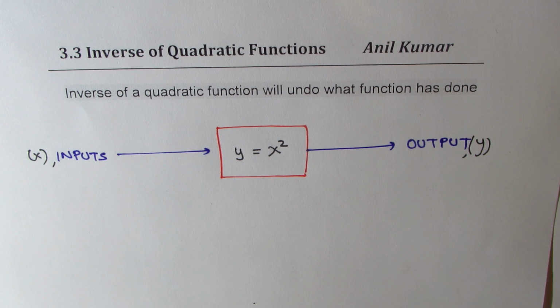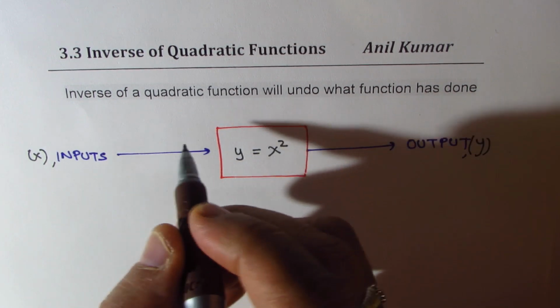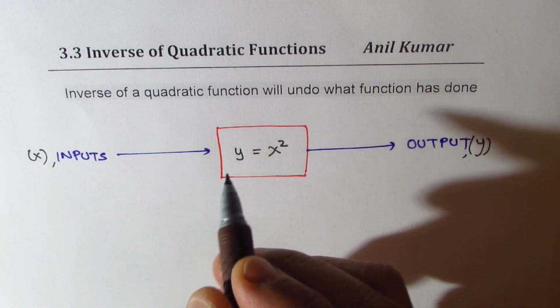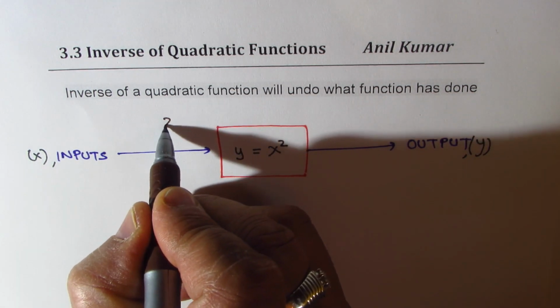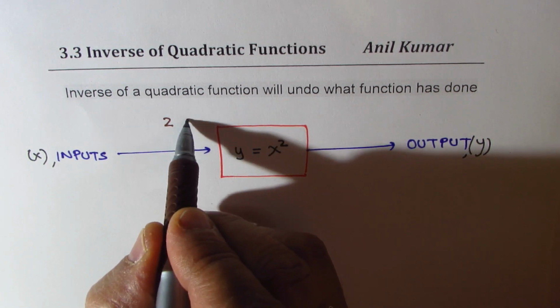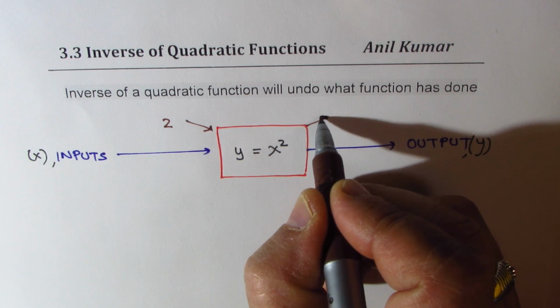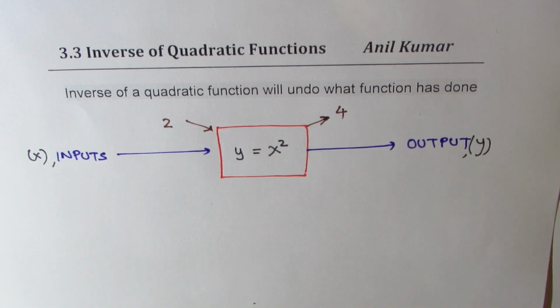So I hope you're getting the idea. That is what a quadratic function is doing. We could place some inputs. Let's say I write down a number, starting with, let's say, 2. We'll take smaller numbers. So if 2 goes in, what comes out is the square of 2, so we get 4 as our answer.